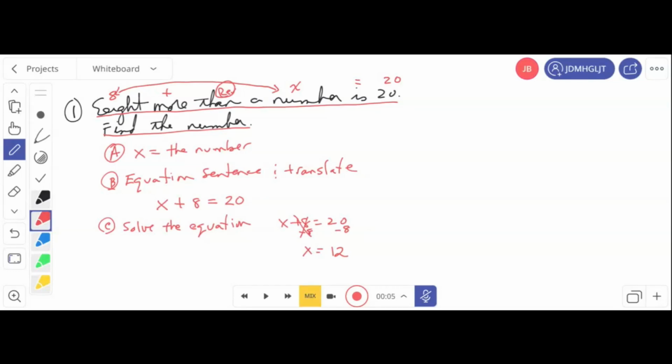You might say, okay, we're done. No, you're not done. The last thing we need to do is make sure that we answer the question, because most of the time, I'd say probably half the time, the number that you get when you solve the equation is not the number that answers the question.